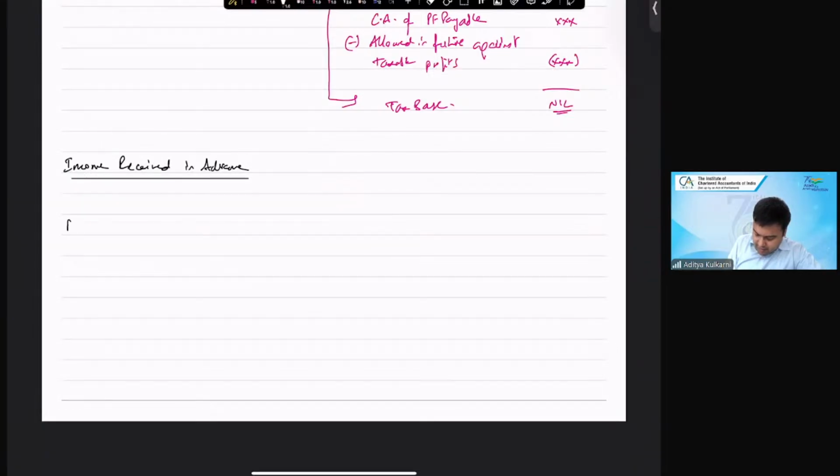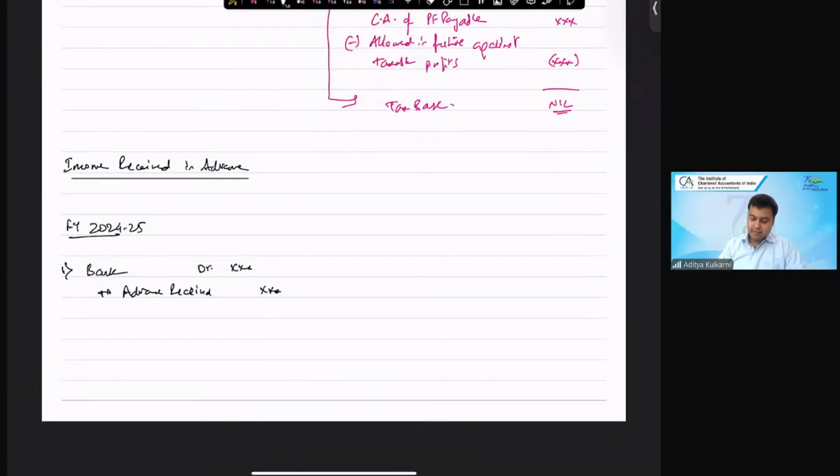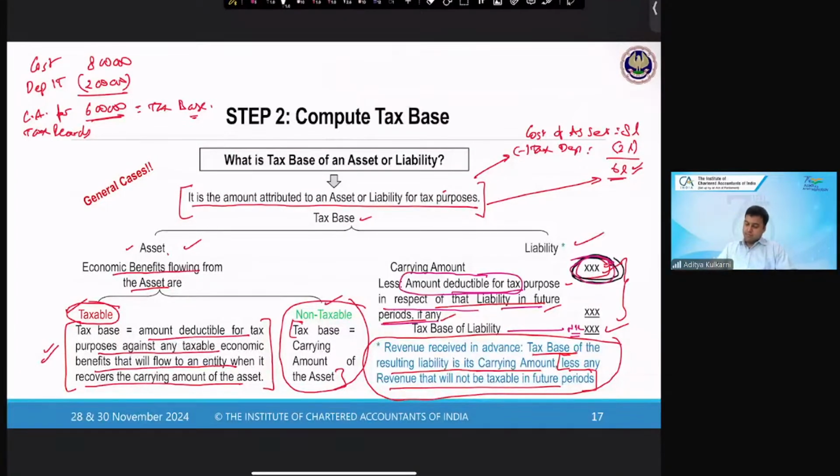Suppose I received money in 24-25. Bank account debit to advance received. Do we pass this entry? Yes, sir.